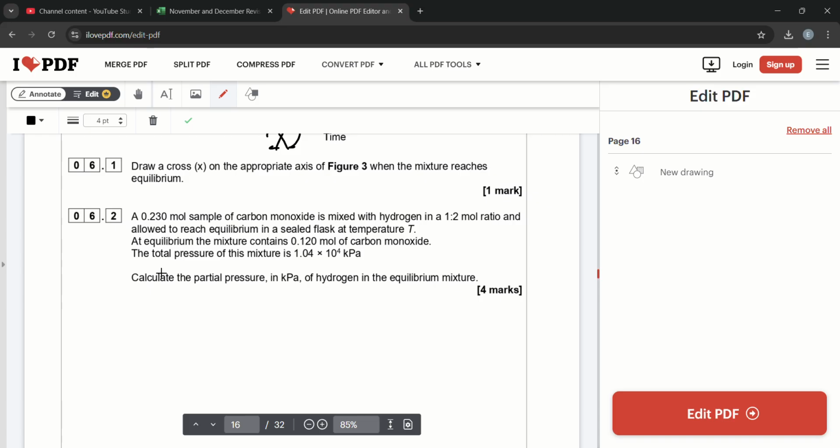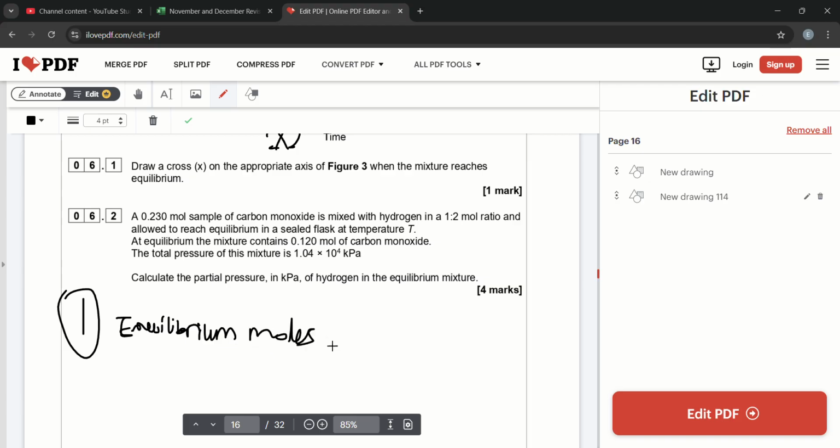So we have the moles of carbon monoxide. We know that equilibrium moles of hydrogen equals 0.24, because we know it's a 1:2 mole ratio.